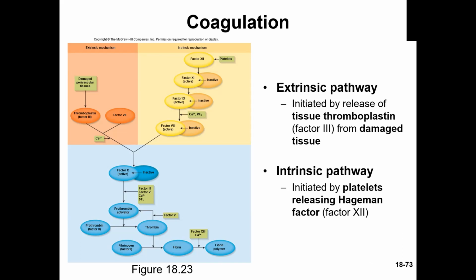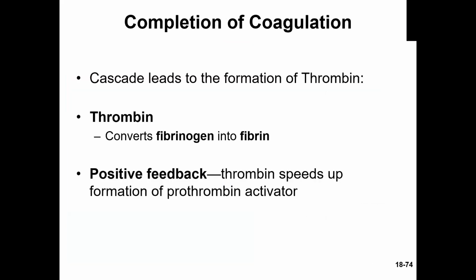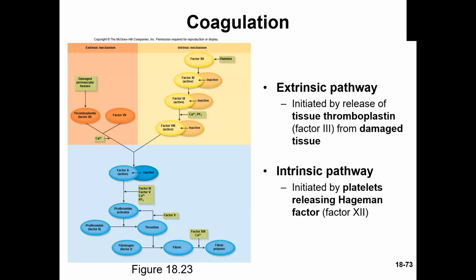Eventually it gets down to the release of thrombin. The thrombin is what will convert the fibrinogen into fibrin. And then this keeps going until we have something to shut the system down. Again, I'm not going to read through this entire chart, but I think it will be helpful walking through how it's classified and broken down.